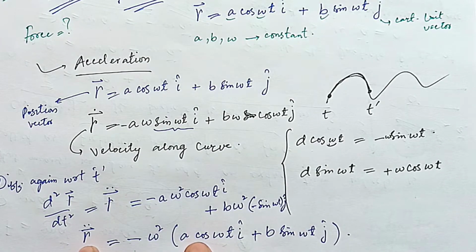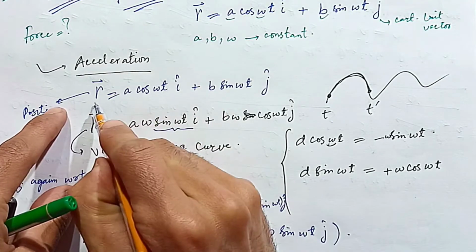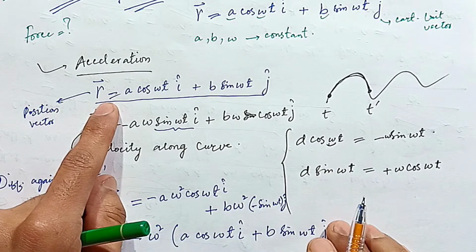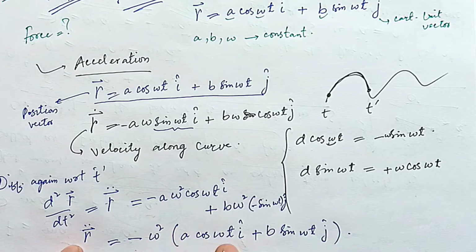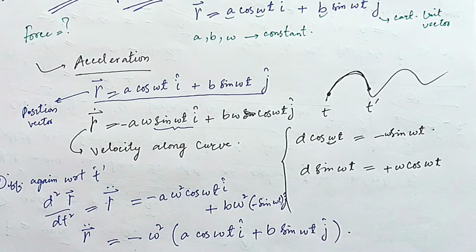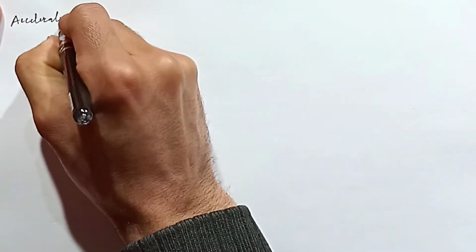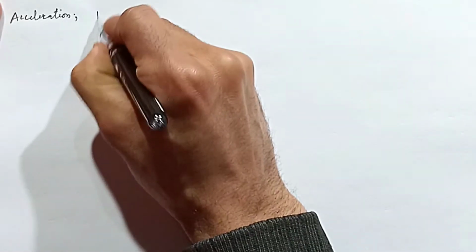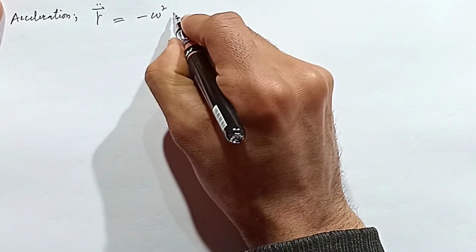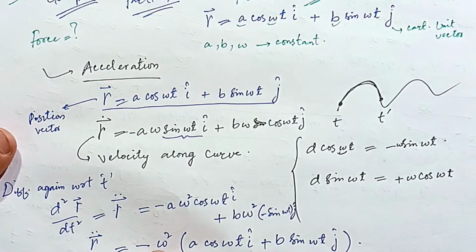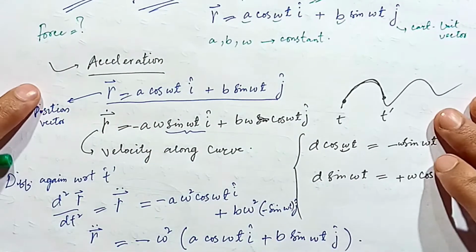But if you see this, a cosine of omega t, b sine of omega t, it is the position vector r. So r double dot will be equal to minus omega square times this very stuff, and this is r. So we can write the acceleration r double dot as equal to minus omega square r.